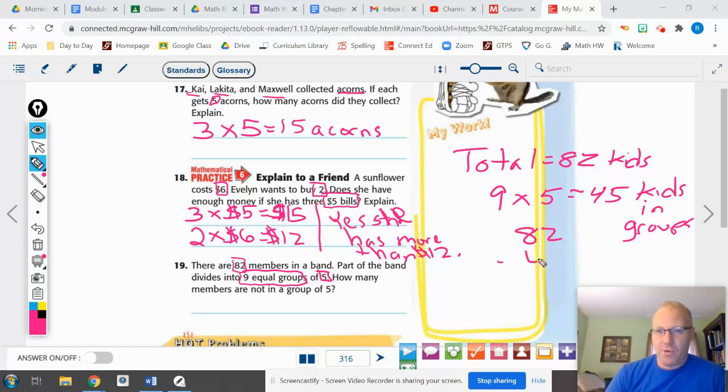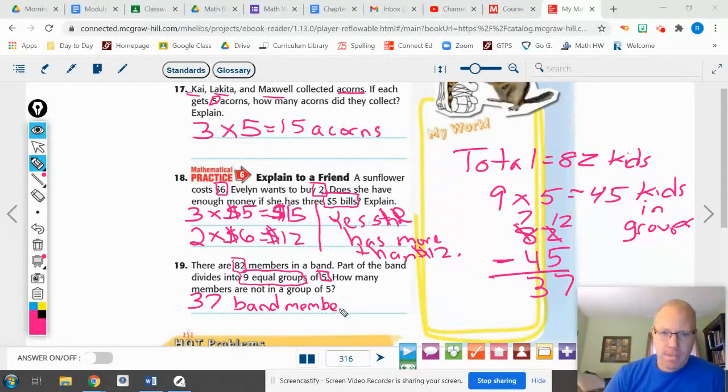We have 45 in groups. How many are not in groups? What's the difference? You're going to have to subtract. You borrow from the 8. It becomes a 7. The 2 becomes a 12. 12 minus 5 is 7. 7 minus 4 is 3. 37 kids or band members are not in groups.